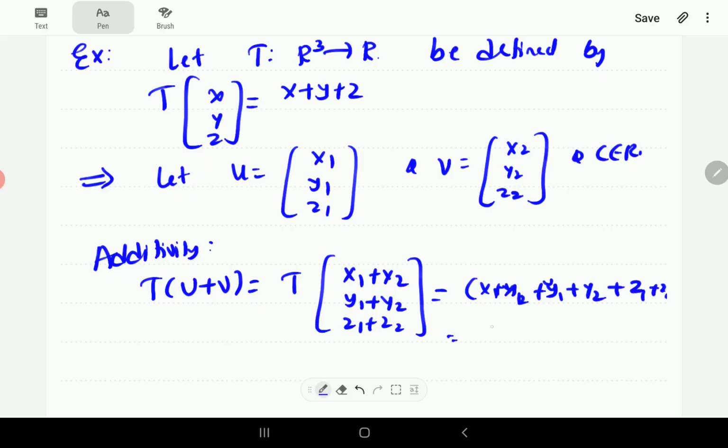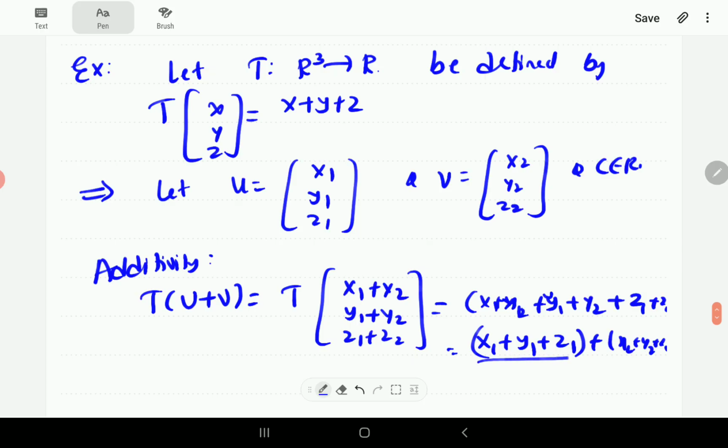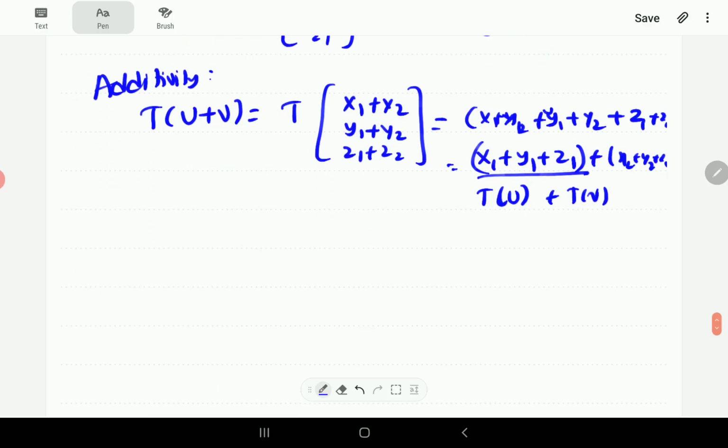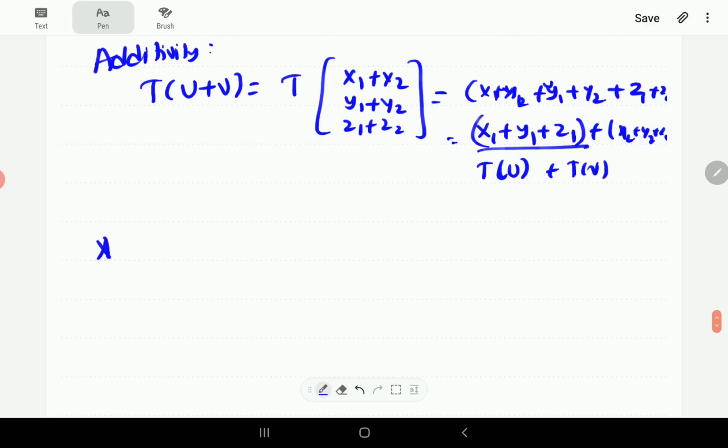Or you can write this as (x1 plus y1 plus z1) plus (x2 plus y2 plus z2). So this is nothing but T of u plus T of v. Therefore the first additivity property holds true.